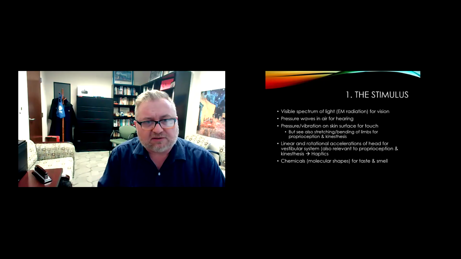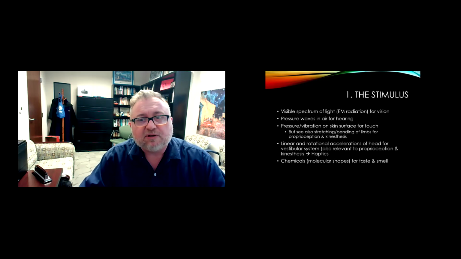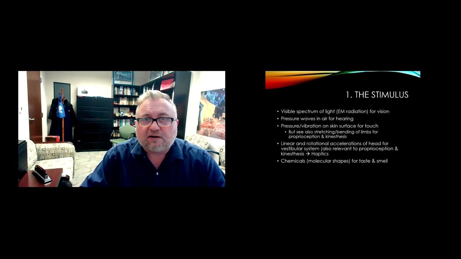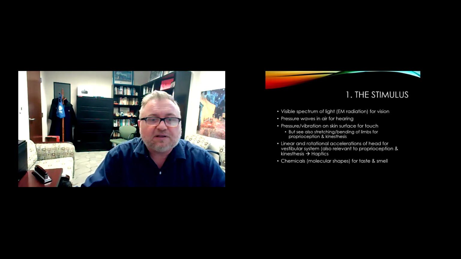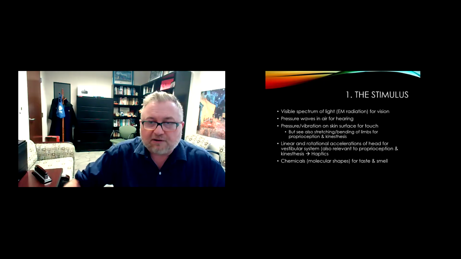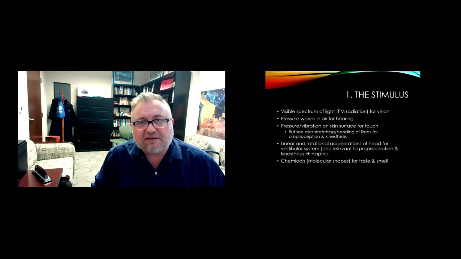The stimulus, right? So as I've already described, for vision, we think of the visible spectrum of light, which is a narrow band of electromagnetic radiation. And that's going to be the stimulus for vision in the sense that it stimulates the receptors, right? But again, that's not what we see. Likewise, with a sound producing event, so I'll knock on my desk here.